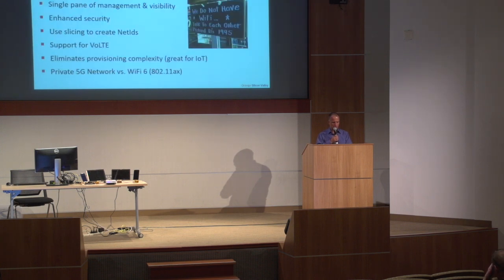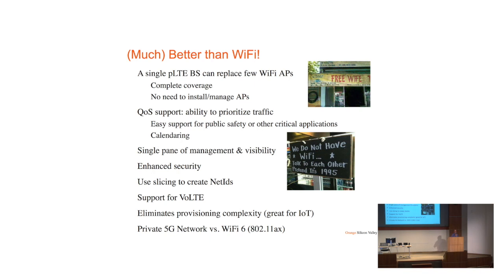I think it's also going to prove to be a more attractive solution than Wi-Fi. Again, you have one single base station that can provide coverage, as opposed to having multiple access points.